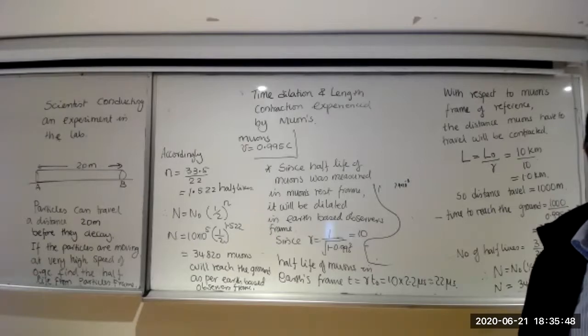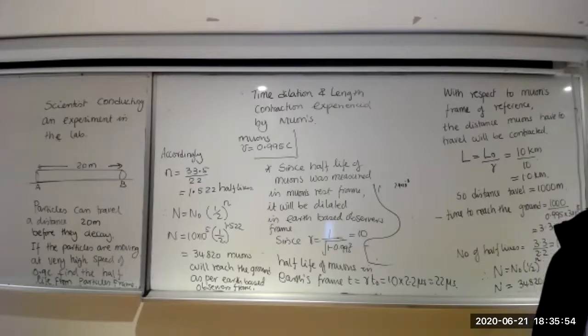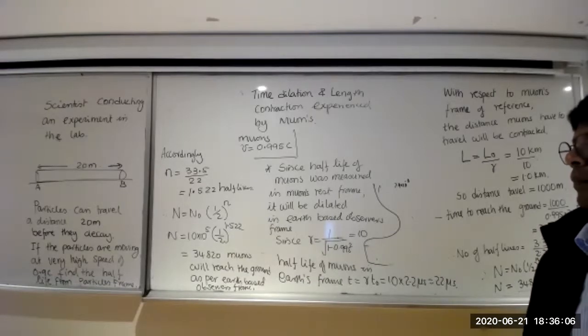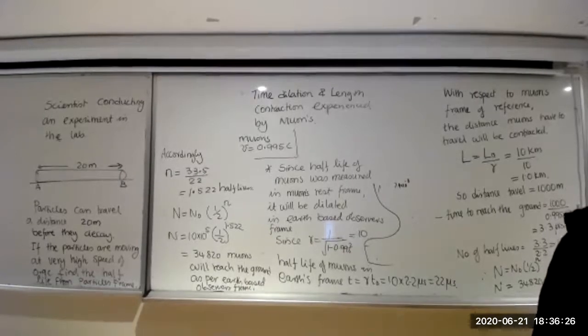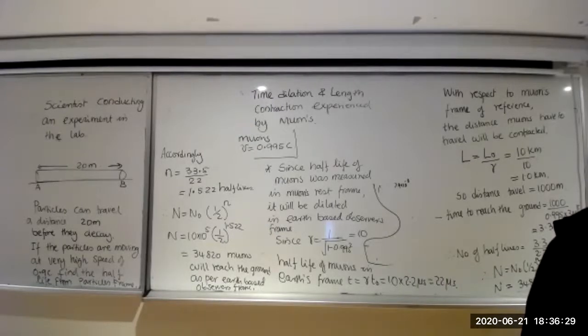What do you get? Mike, what do you get? I'm still doing it. Okay. If you use speed equals distance over time, that will give you the half-life from the scientist's frame of reference.